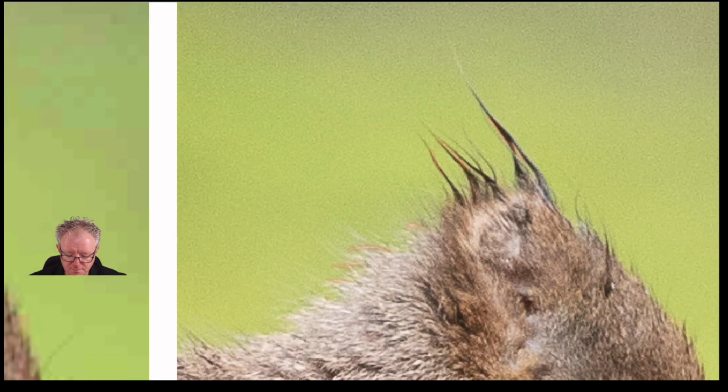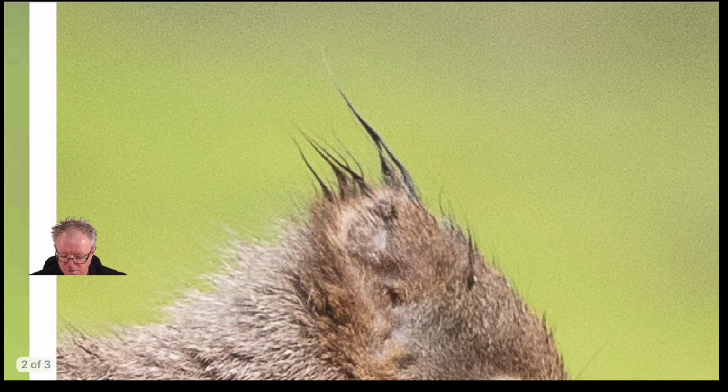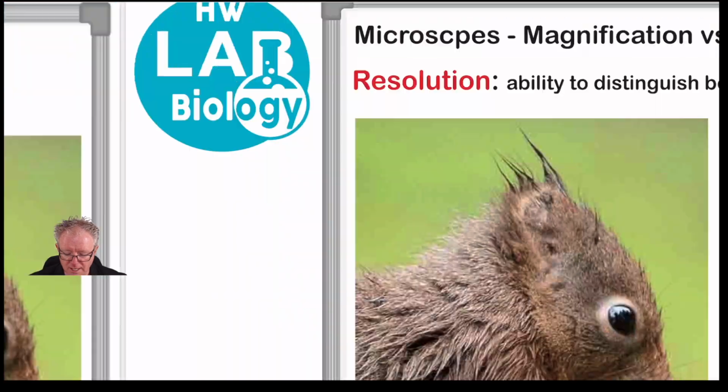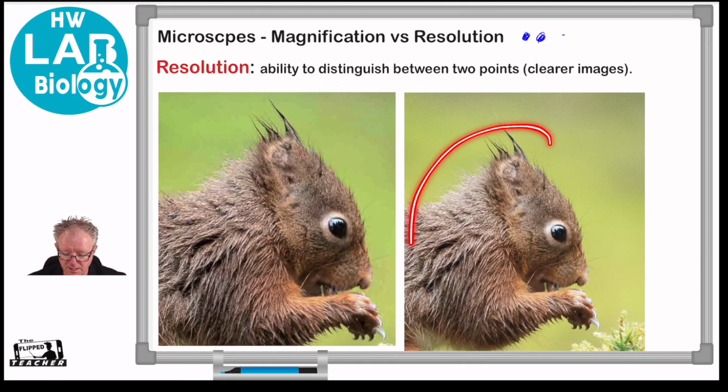I can see more hair between the two. So this image on the right is clearer. It's got greater detail, it's got more resolution. That's what we want with our microscopes. We want them to look into small objects and make them bigger, but we also want to see clearer images. We want to see the difference between 2 points, not just bigger blobs.